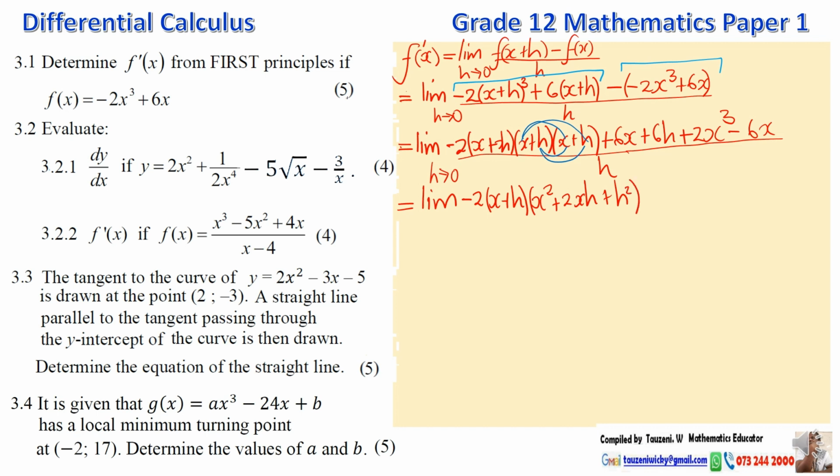Then this whole part has got plus 6x plus 6h plus 2x cubed minus 6x. Then this is all divided by h as h approaches 0.